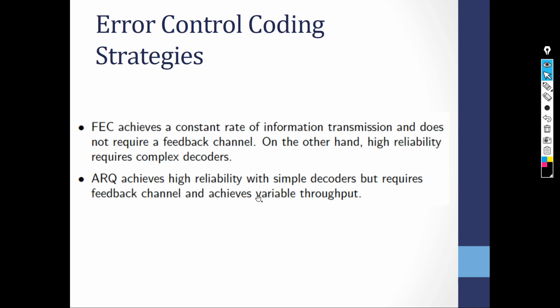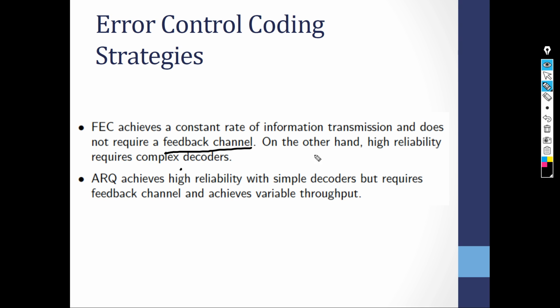Now, error control coding strategies. Forward error correction achieves a constant rate of information transmission and does not require a feedback channel. This is the most critical point: there is no feedback channel. On the other hand, high reliability requires a complex decoder, unfortunately.